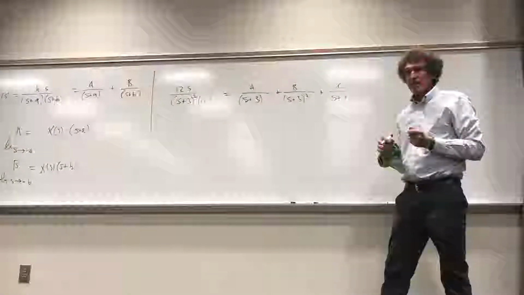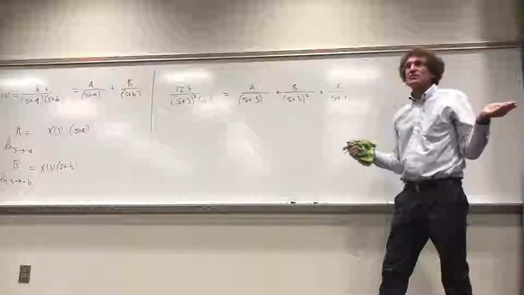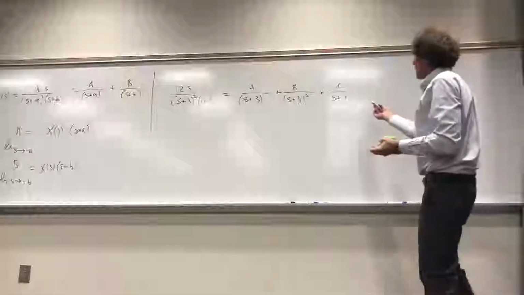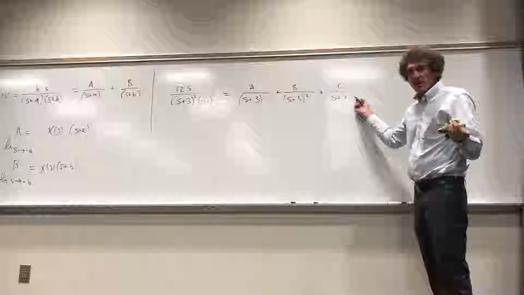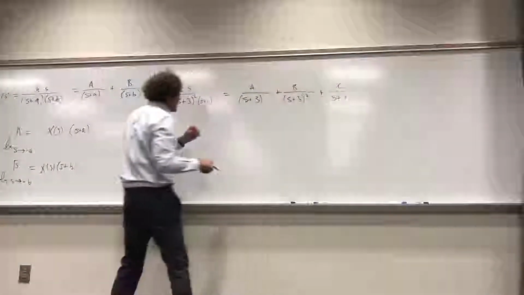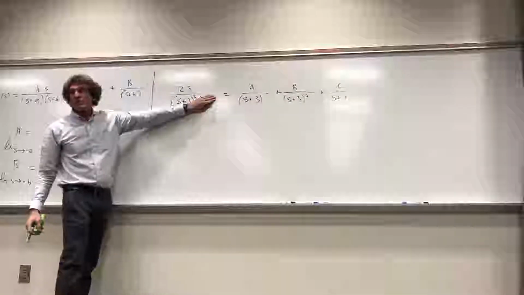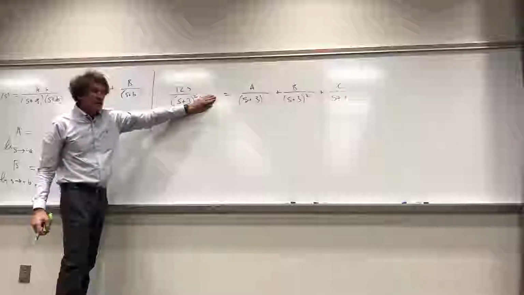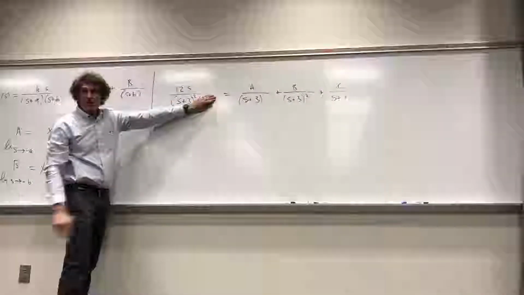Everybody okay with that? Now, you always get the obvious one first. When I look at this, this is a simple pole, s plus 1, right? So to get the value of c, you multiply by s plus 1, or just cover this up, and evaluate the remainder at s equals minus 1. Follow me on this, class? What is that value? I got minus 12 on top, right?